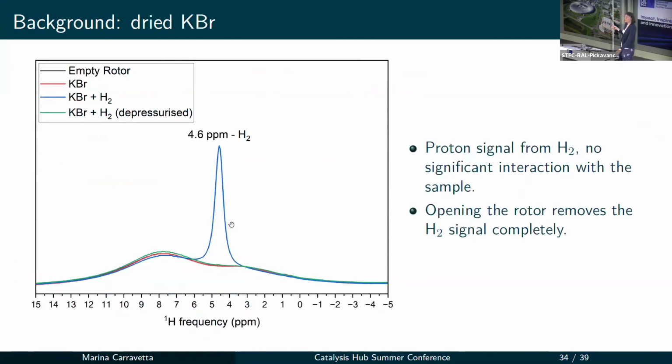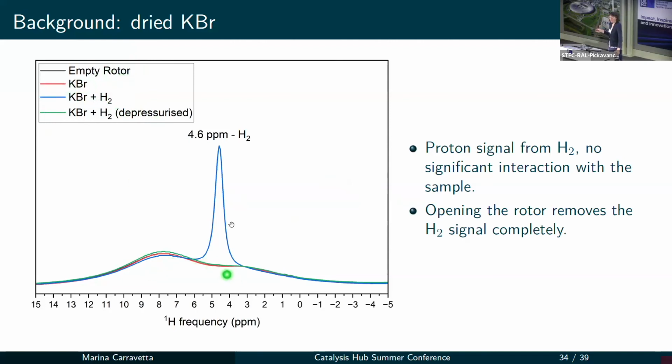Since this is a new method, we needed to do some background to verify what the signal is like on a blank. So we took one of these high pressure rotors and filled it up with KBr, which is hopefully inert.